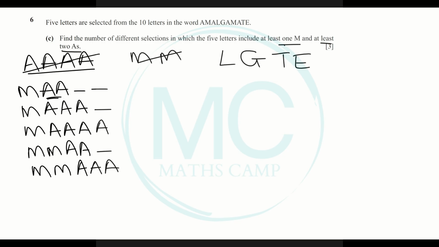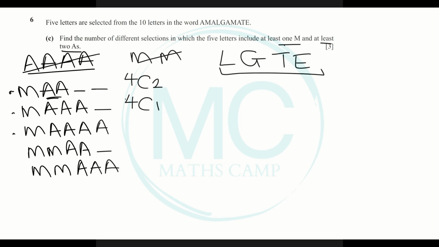We only need to account for L, G, T, and E. We have 4 letters, and in our first option we have 2 spots. So we consider 4C2. For our second option, 4 letters in 1 spot. So to account, we say 4C1.